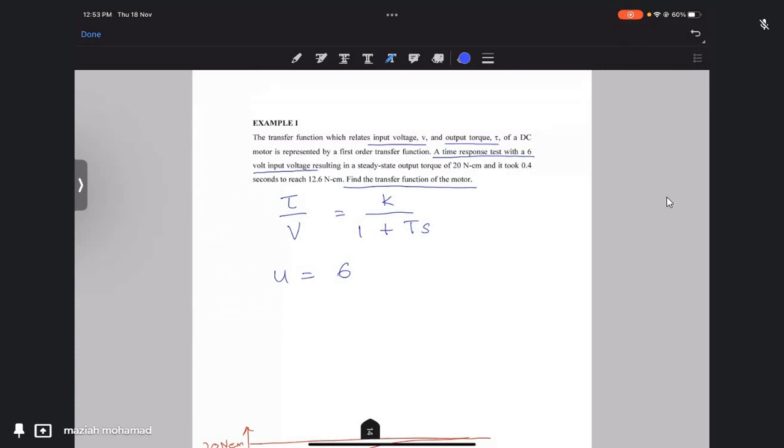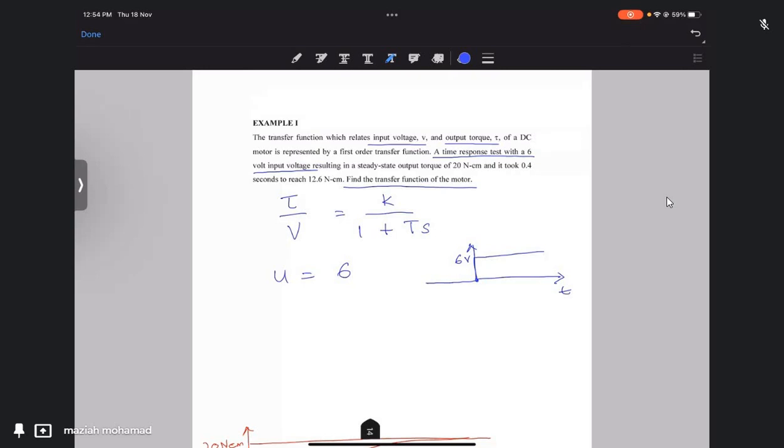So it is a step input, because it stays at 6. The unit is 6. We're going to use that in order to calculate K or Y final. That is the first information.